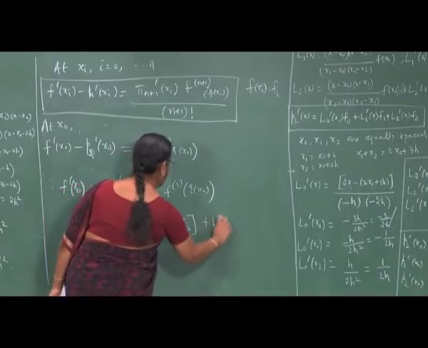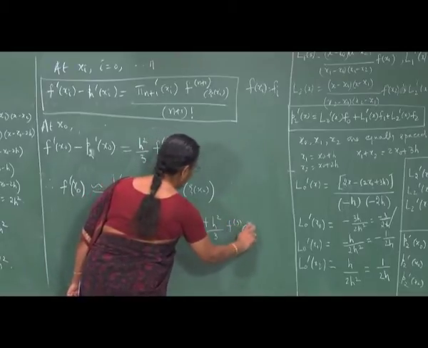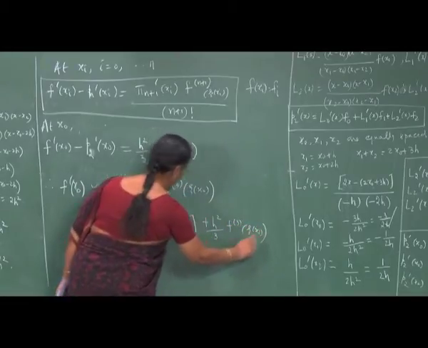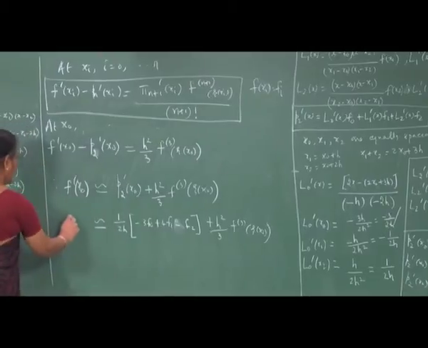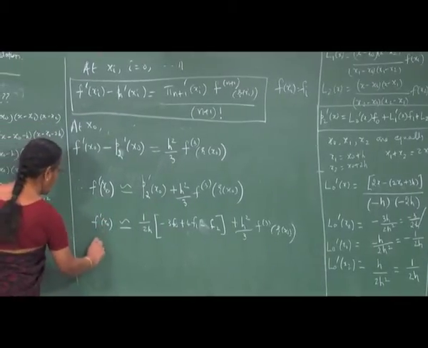And error in this approximation is h square by 3 into third derivative evaluated at psi of x naught. So, that is the approximation for f dashed of x naught.